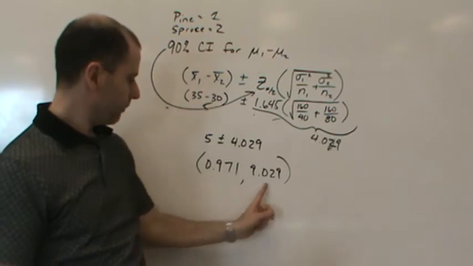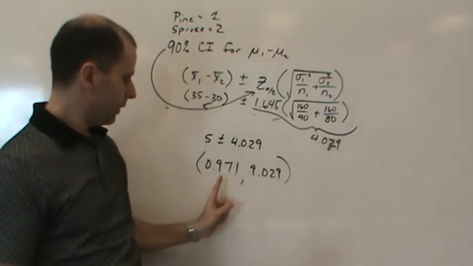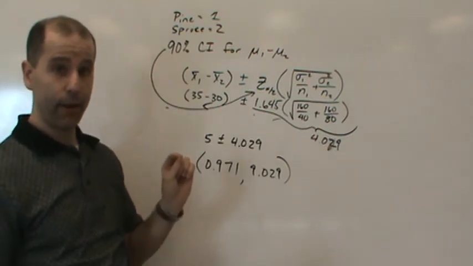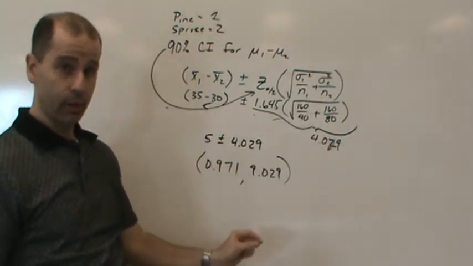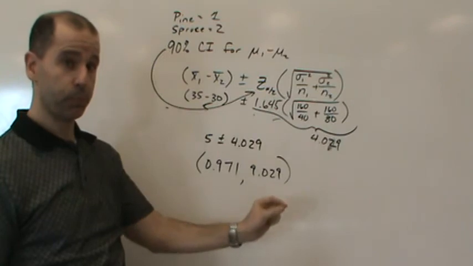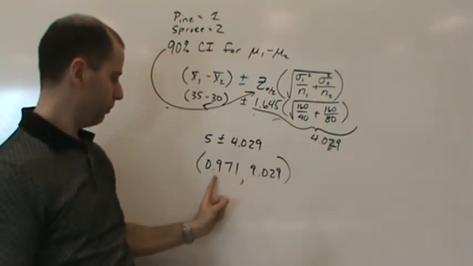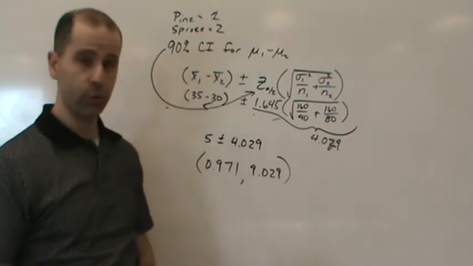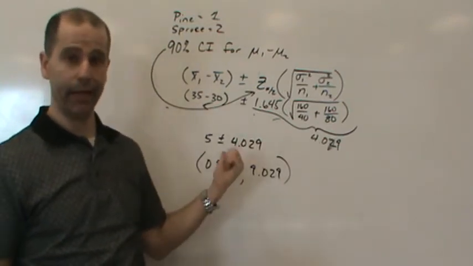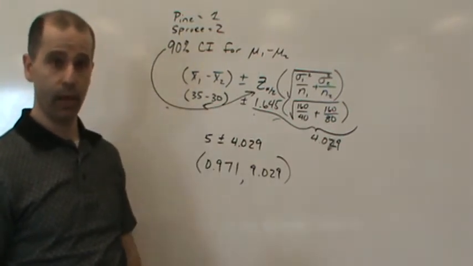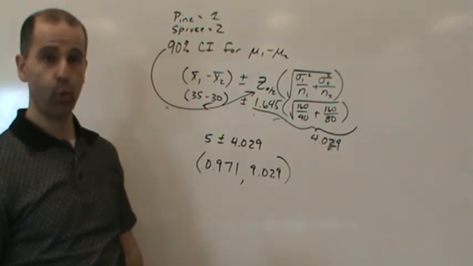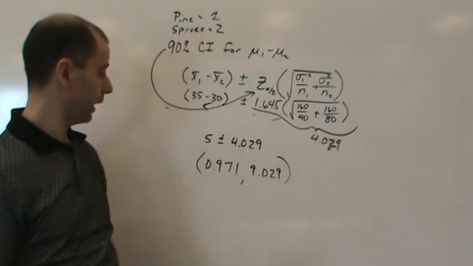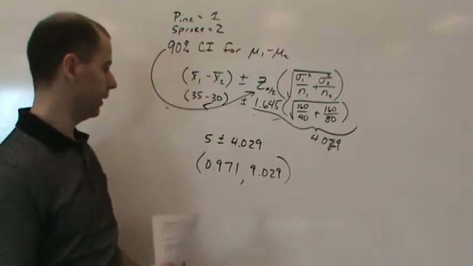So here, it looks like the true difference between the average diameter of pine trees and spruce trees is somewhere between 0.971 centimeters and 9.029 centimeters in favor of pine. So it seems like pine has more girth, okay, larger diameter. Okay, that's it.